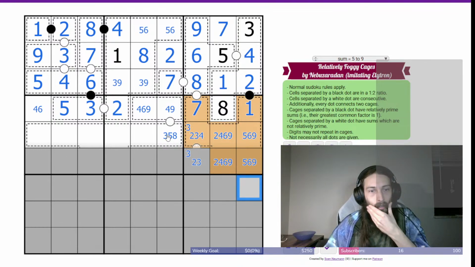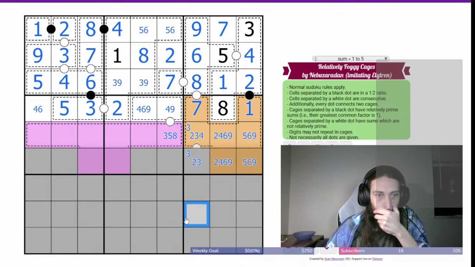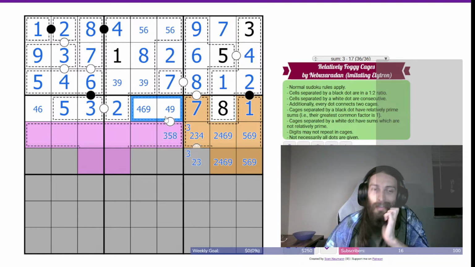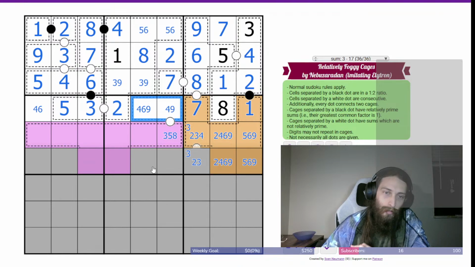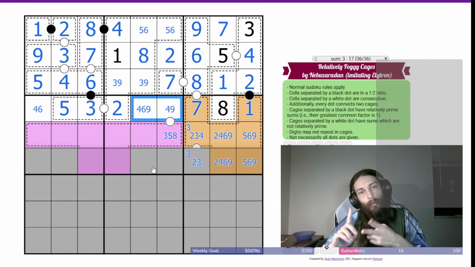So that's a bit annoying. 6, 7, 8. And it has to share a factor. Could share a factor with 13. Wait, could it? 26, 39, yeah.